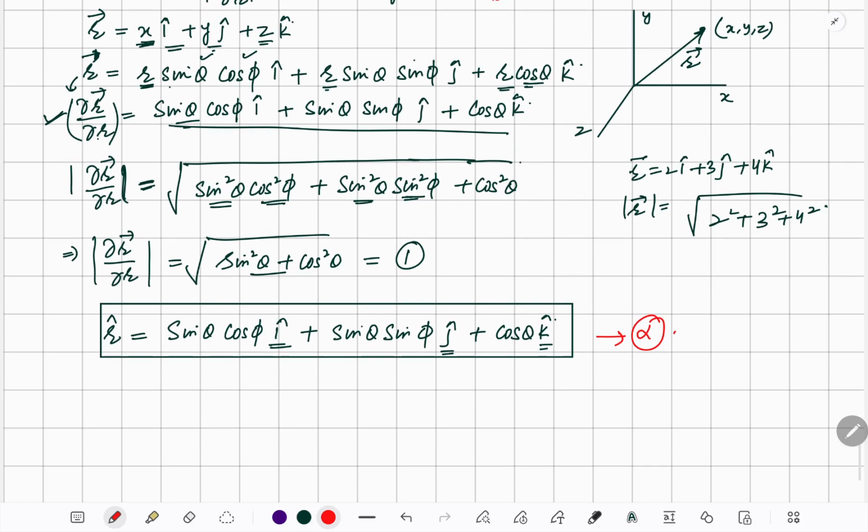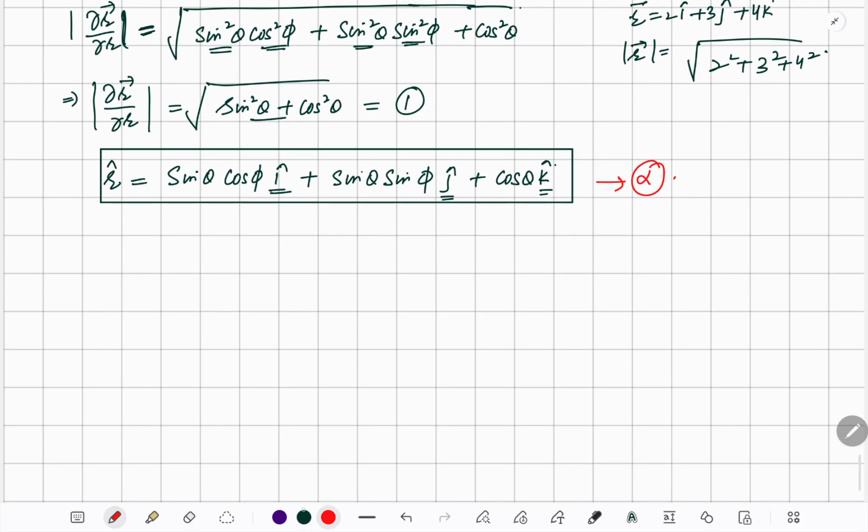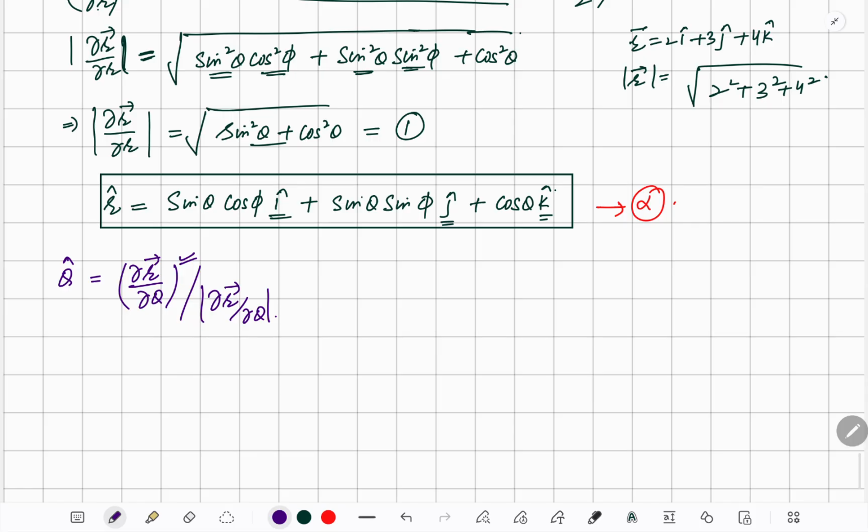Now let's similarly find the theta cap. Theta cap would be dou r by dou theta, this vector, divided by the magnitude of dou r by dou theta. Again, let's find this dou r by dou theta while keeping phi and r as constants.